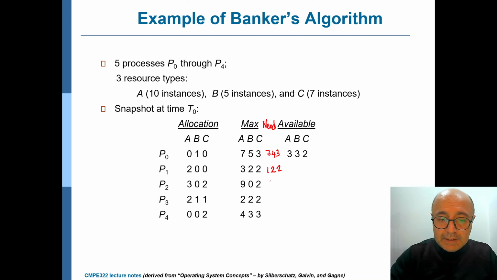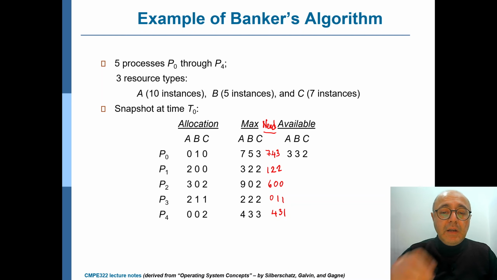This would be 6, 0, 0. And here we have 0, 1, 1. And this is 4, 3, 1. I've just subtracted allocation from maximum and created the need array myself. And currently there are 332 available.